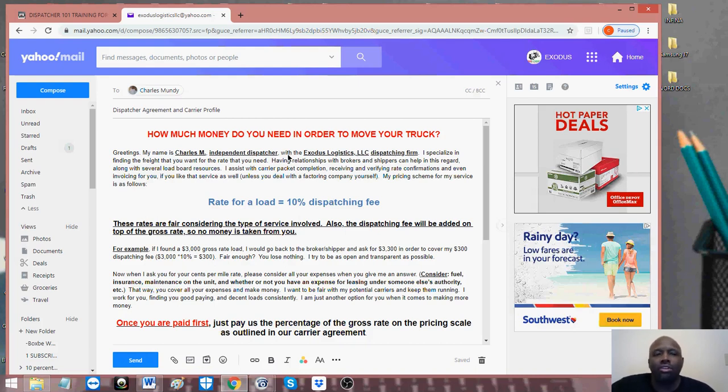Now, those who are new and just coming into freight dispatching, and you need a template to use in the body of the email that you're going to be sending to the potential carrier that you're going to get set up with a dispatcher agreement, just type in your email address into the chat, and I'll be more than happy to send you a copy of this one, and you can tweak it.